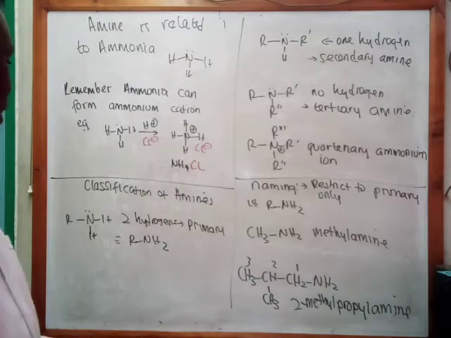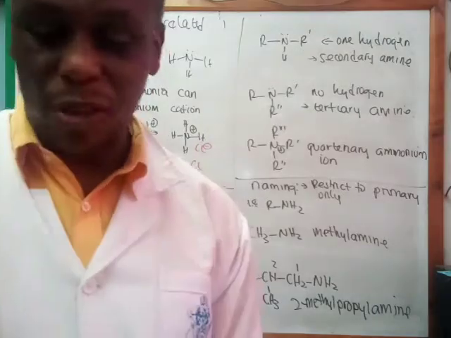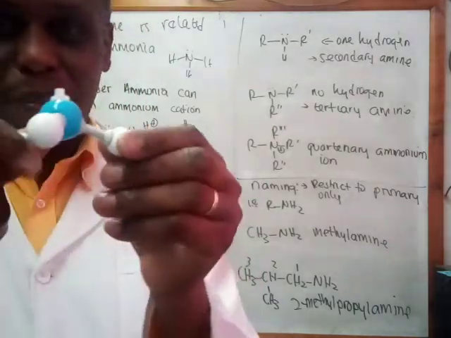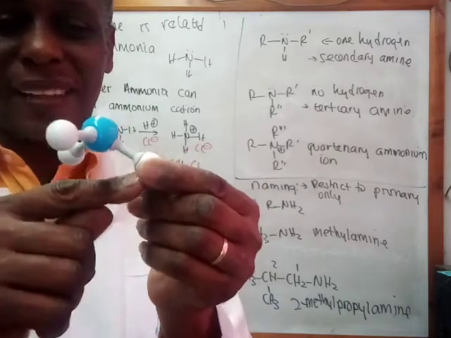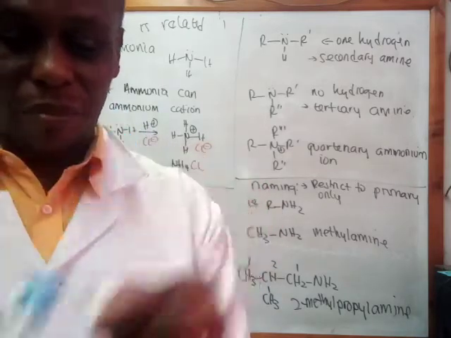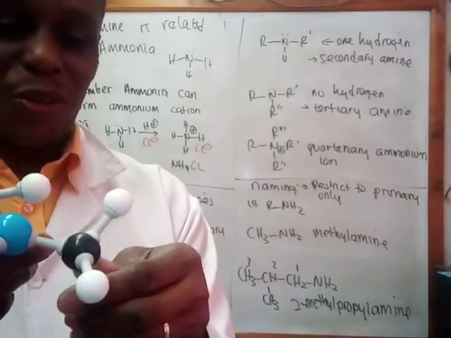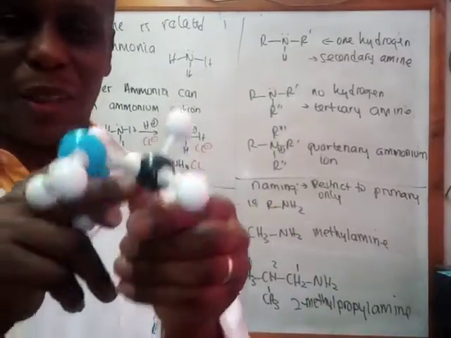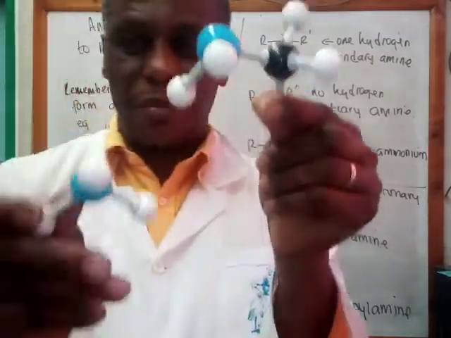So let us look at the classifications of amines before we come to the names, because the classification is quite important. So the blue ball is nitrogen, the white balls are hydrogen. So if I'm now going to bring in the black ball, you know the black ball is carbon. So what can you see the difference between this and that?